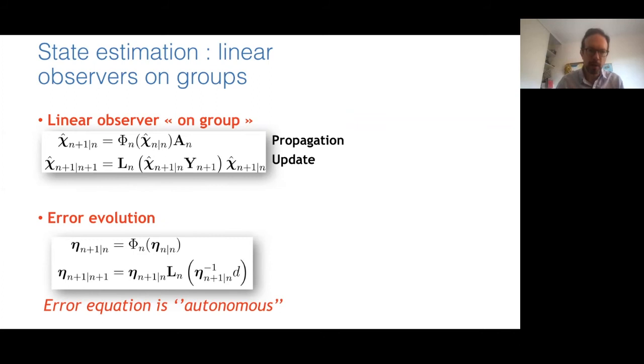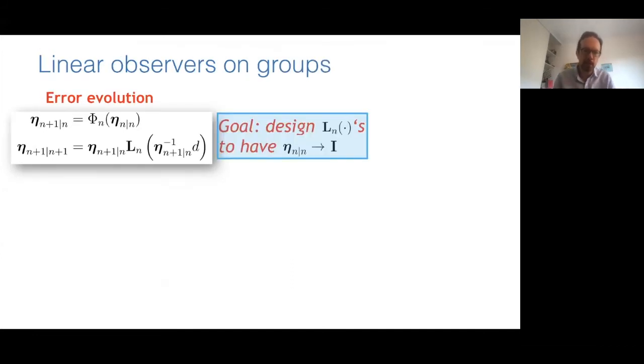And I get an error after update, which is a function of the error before update only, and which does not depend on the state at chi. So once you have this error system, well, exactly as in the linear case, your goal is to design the function L here.